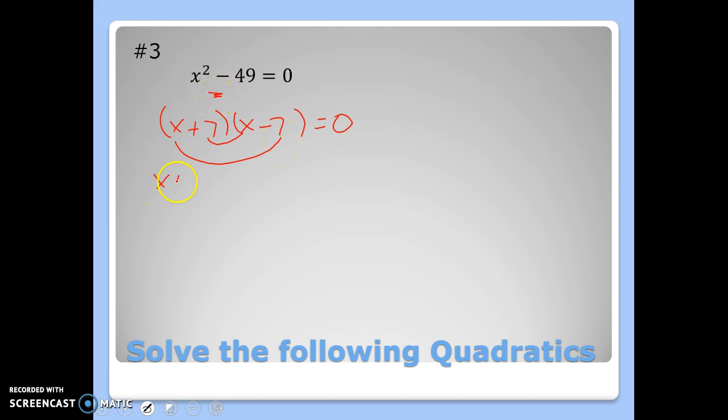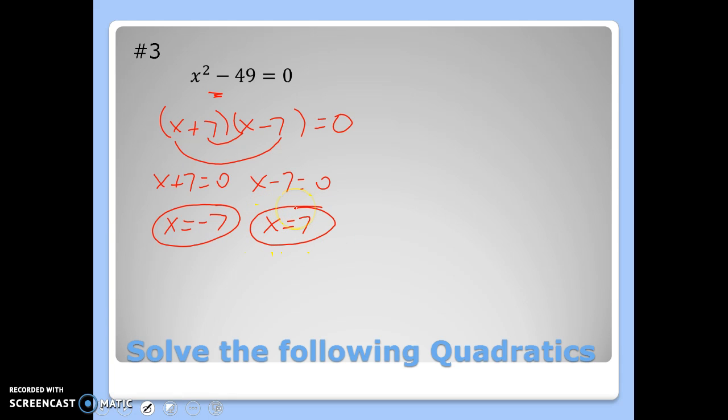And so then I have either x plus 7 equals 0 or x minus 7 equals 0. If I subtract 7 from both sides, my one solution is going to be negative 7. And if I add 7 to both sides, my second solution is going to be positive 7. And again, you want to mentally check those by plugging them in to make sure that you get 0 as your answer.